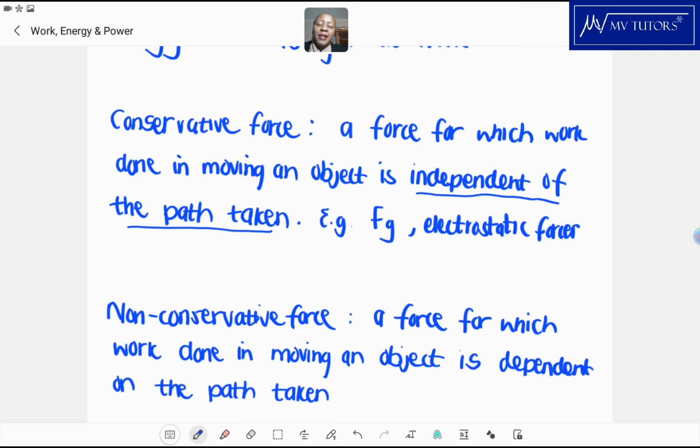Another thing is the elastic force in a spring. So I'll just say springs, elastic force. Okay, so those are the conservative forces. They are independent of the path taken.